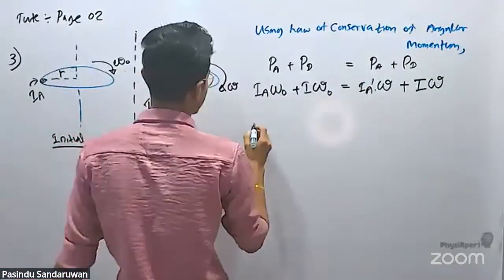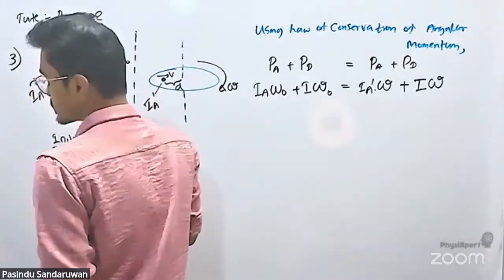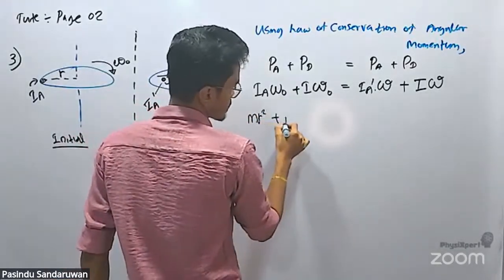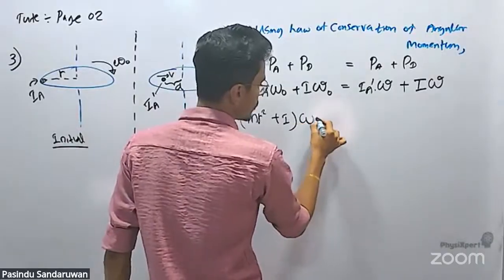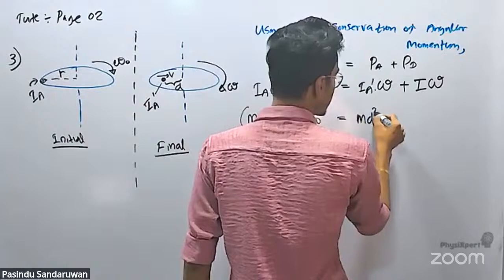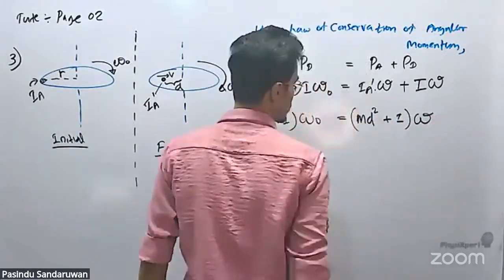IA can be written as, what's the mass of the ant? Simple, M. Then MR squared plus I, take this out, omega naught. IA dash is MD squared plus I, take this out. So we need omega.